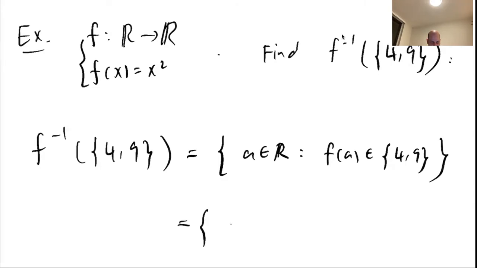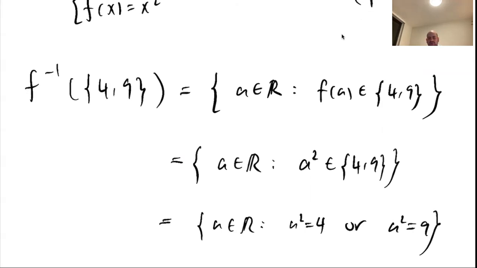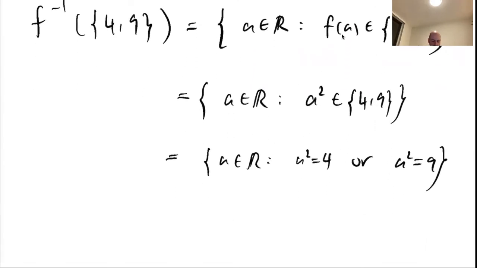So how can I find all of them? If I simplify this set, a belongs to R such that f of a, which is a squared, belongs to {4, 9}. So a squared belongs to {4, 9} means what? It means a squared is equal to 4 or a squared equals 9, because {4, 9} has only 2 elements, 4 and 9. And then a squared equals 4 means a is equal to 2 or a equals minus 2.